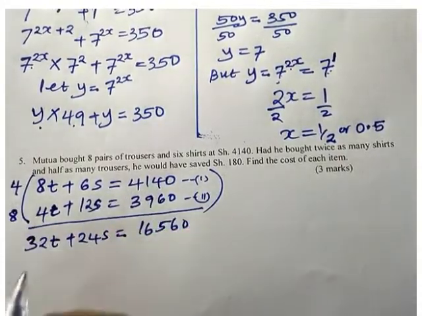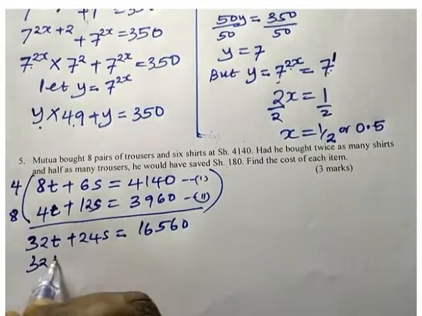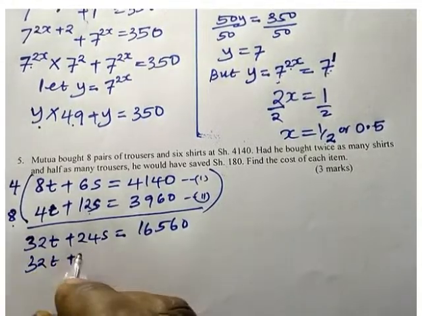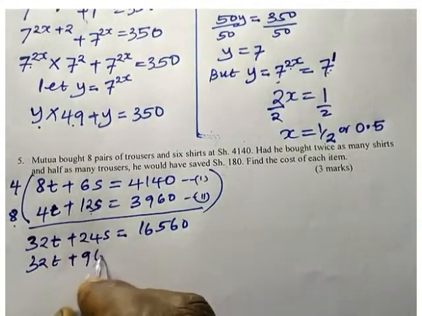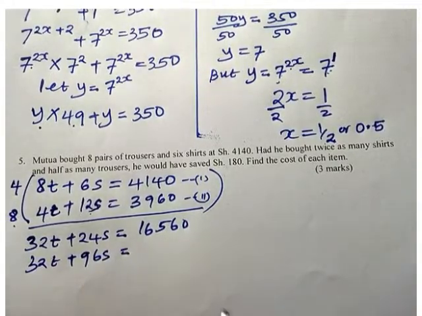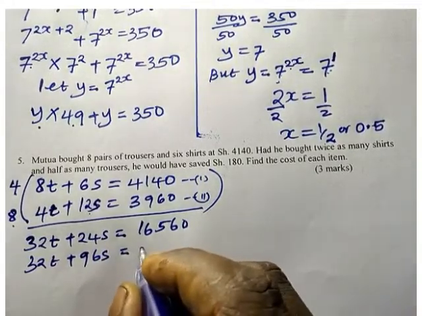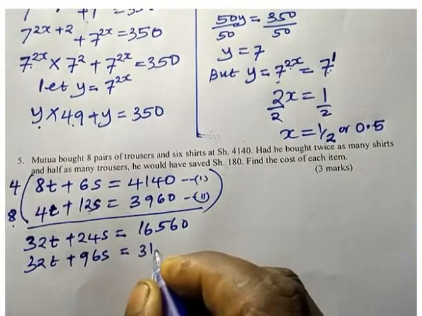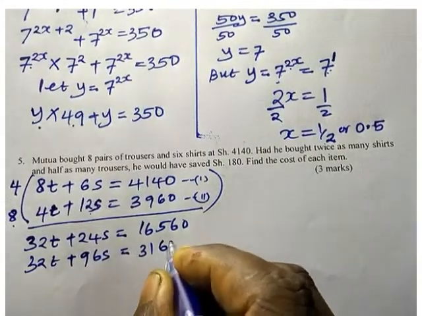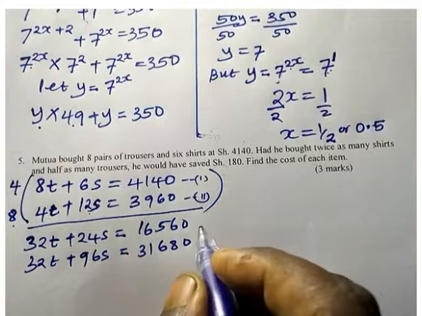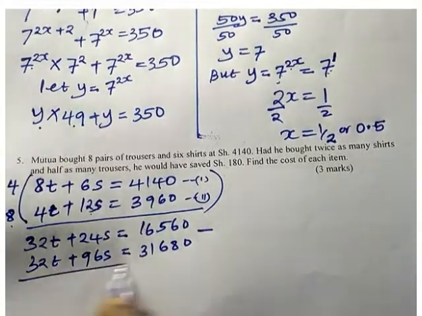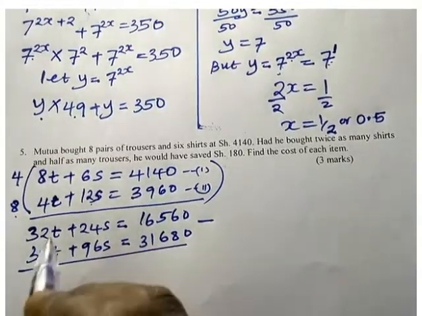This times 4. 32T plus this times this, that's 96S is equal to 31,680.